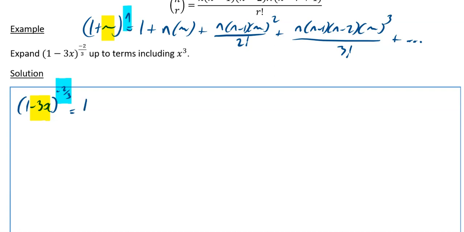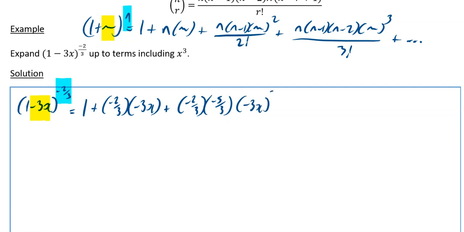So my first term is always going to be 1, plus my n term, which is minus 2 over 3, times my squiggle term, which is minus 3x, and then plus my n, which is minus 2 over 3, times n minus 1. If n is minus 2 over 3, then minus 2 over 3 take away 1, left as a top-heavy fraction, is minus 5 over 3, and that's going to be times minus 3x squared, and that's being divided by 2 factorial.